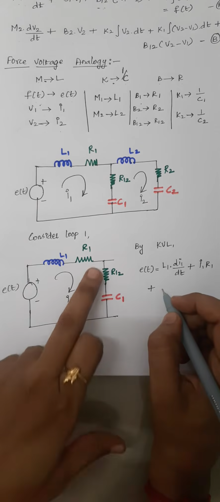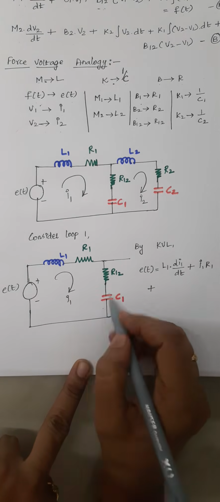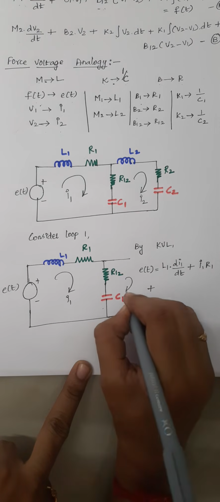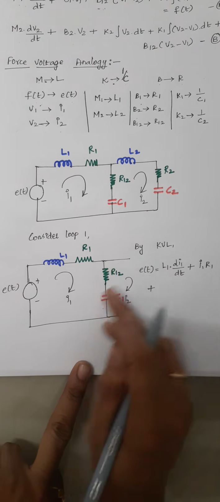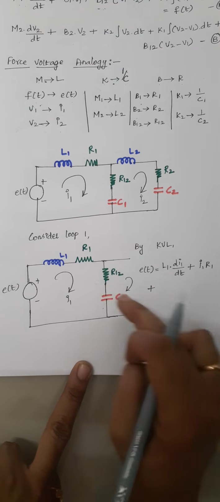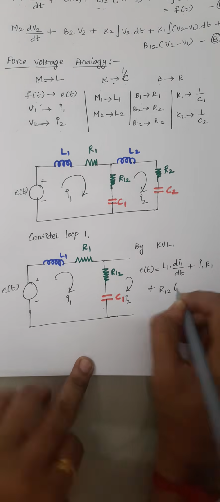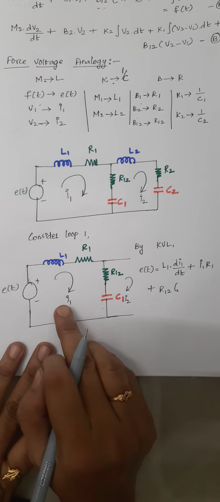Plus again here I am having R12, and this R12 is common for both loop 1 and loop 2. So here the current flowing is I2. Right. So this is common for the path of current flow I1 and I2. So here I have to write it as R12 into, since I am considering the first loop, the current flowing through the first loop is I1.